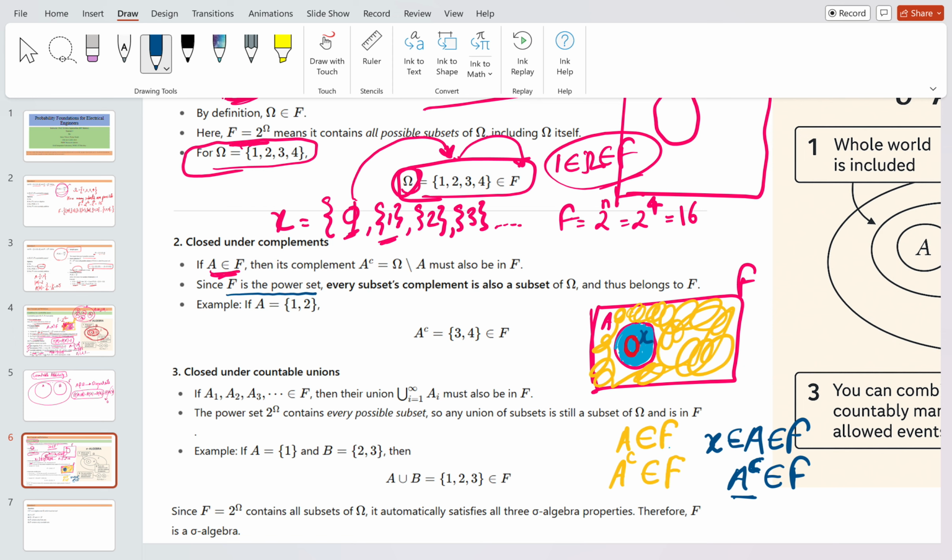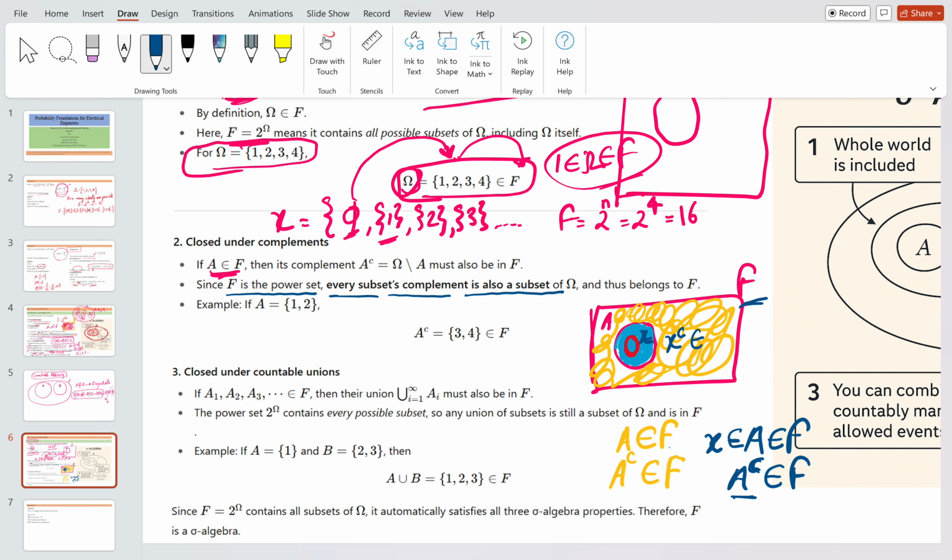Since F is a power set, every subset and its complement is also a subset of omega. It means that suppose this X is there. Suppose I want to take the X complement.